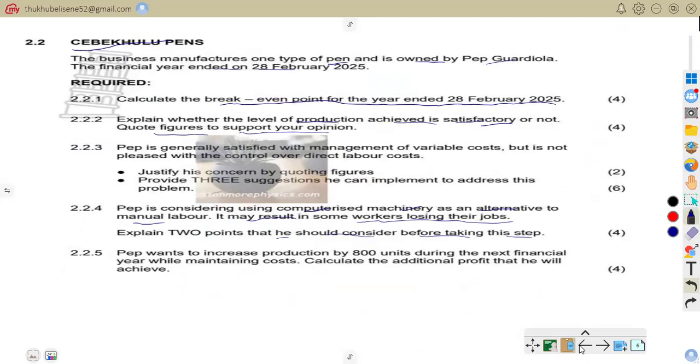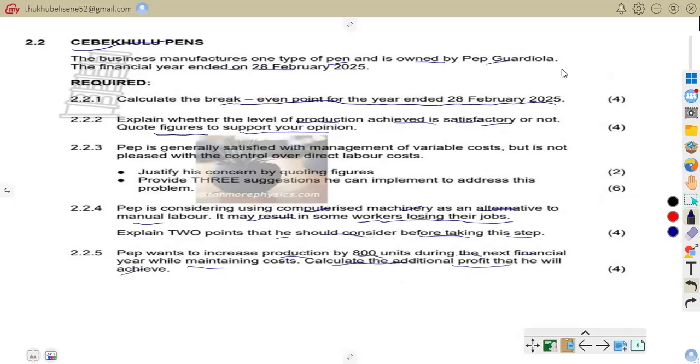2.25 says PEP wants to increase production by 800 units during the next financial year while maintaining cost. Calculate the additional profit that he will achieve.